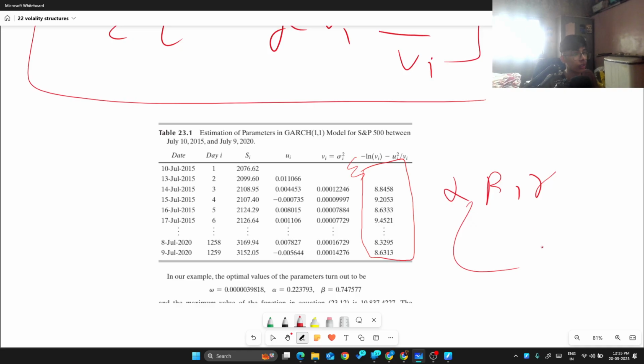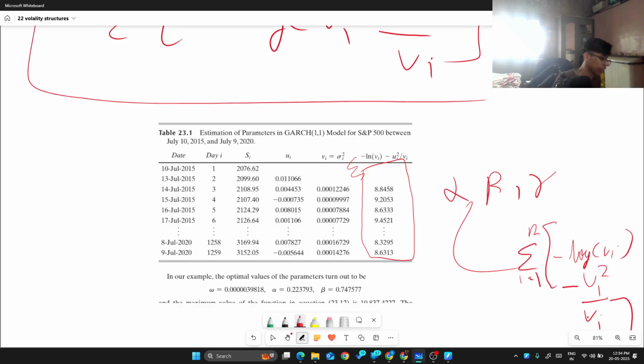That is our maximum likelihood estimator, negative of log v_i minus u_i squared upon v_i. So we will follow an iterative process.